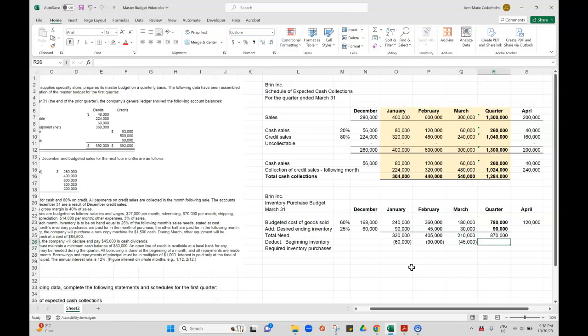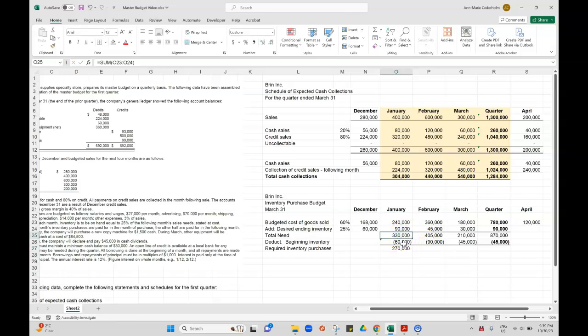And then the same thing with the quarter. The ending inventory for the quarter is March 31st, so I'm going to put that there. I'm not sure if I need anything for April, so I'll just leave that as it is for now. We might need to come back to it when we're preparing our balance sheet. So we'll see. Now I'm just going to subtotal this.